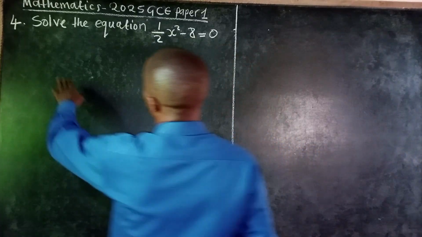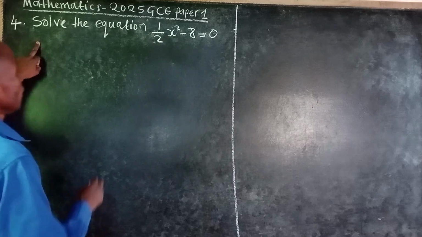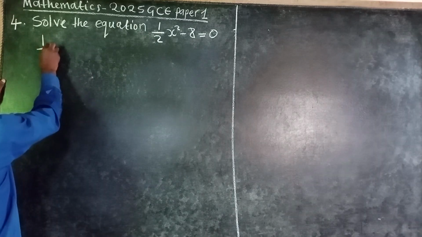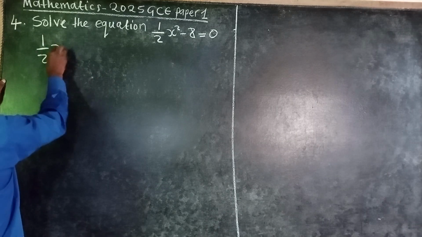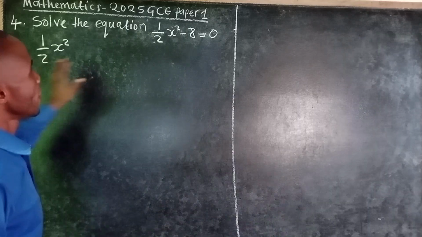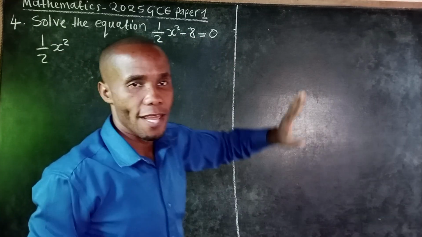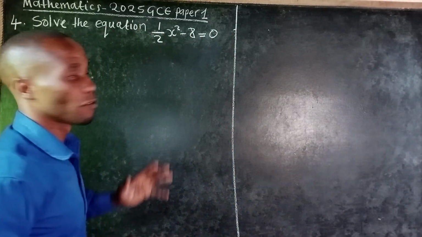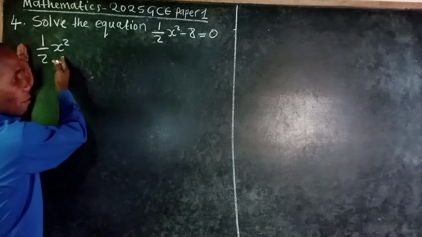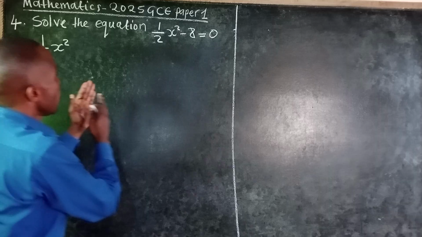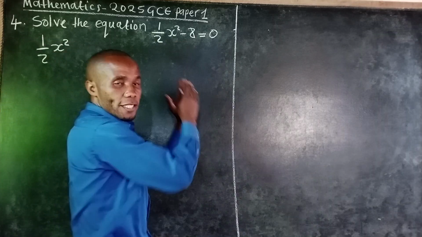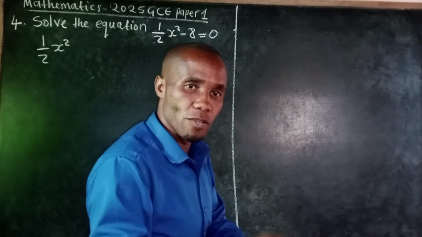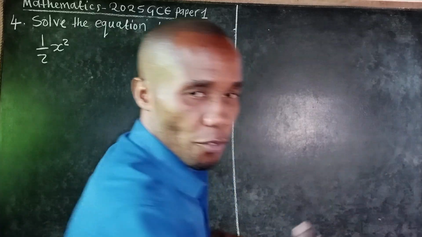So we can start. You first of all write 1 over 2 x squared. Then you are going to collect the like terms. Okay, the like terms. How are we going to collect it? This one with variable will remain this side. Then this 8, it is constant. So it will cross the equal sign and it will be to your right hand side.